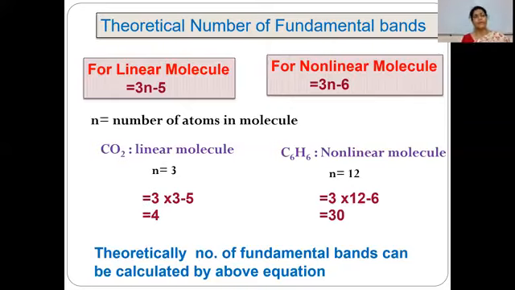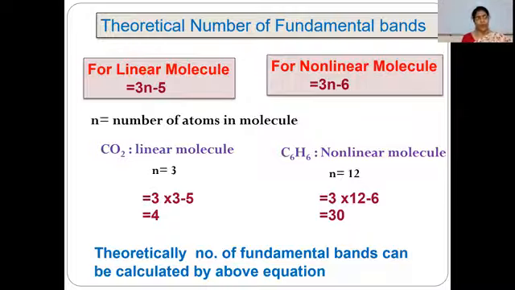It is related with the 3 degrees of freedom present in the molecule: translational degree of freedom, vibrational degree of freedom, and rotational degree of freedom. Vibrational degree of freedom will be equal to the theoretical number of fundamental vibrations, which for the linear molecule is equal to 3n minus 5, where n is the number of atoms in a molecule. For non-linear molecule, it is 3n minus 6.